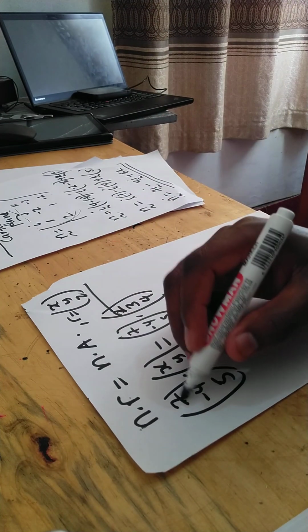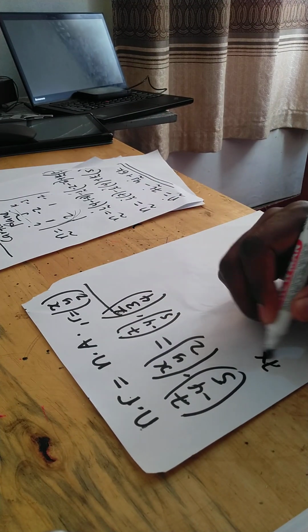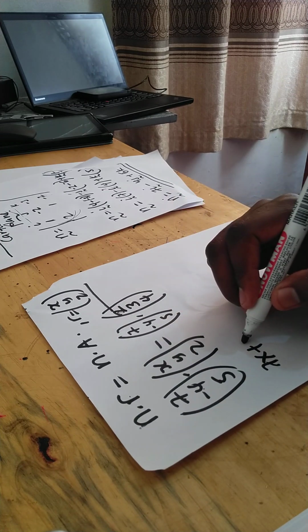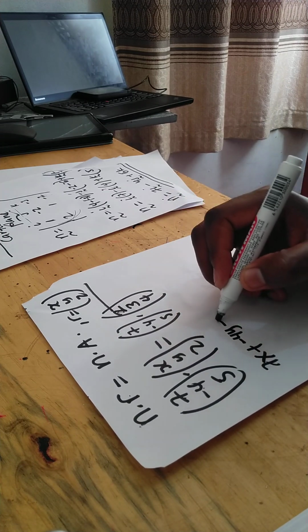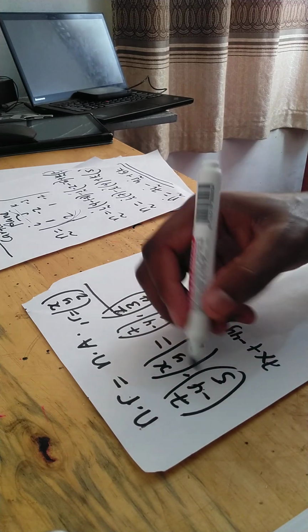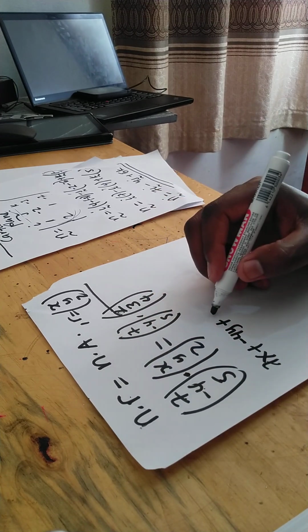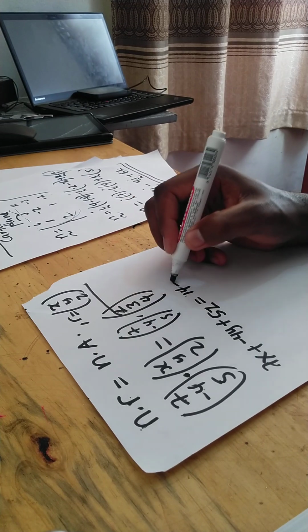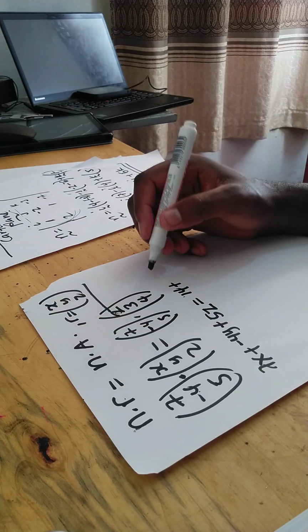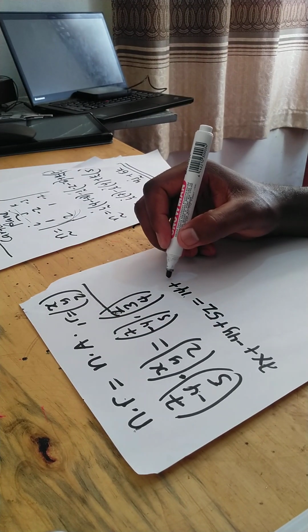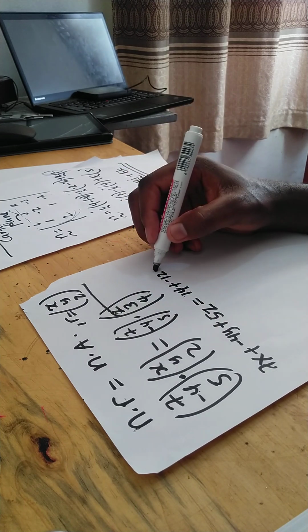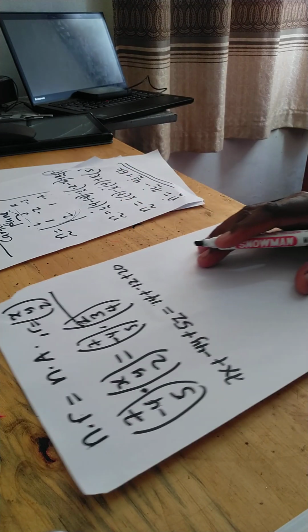Then we multiply: 7 times x will be 7x, plus -4 times y will be -4y, then plus 5 times z, 5z. When we are dotting these ones, we just add them. This one will be 7 times 2, which is 14, plus -4 times 3 which is -12, then 5 times 4, which is plus 20.